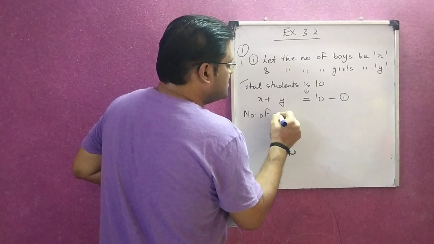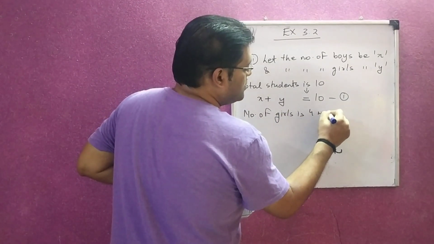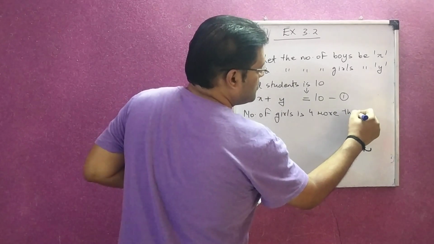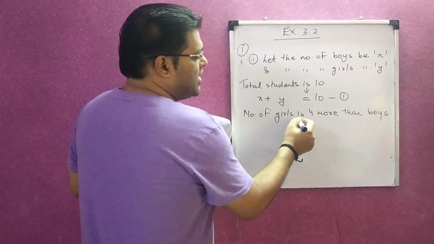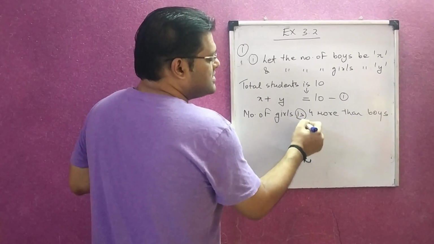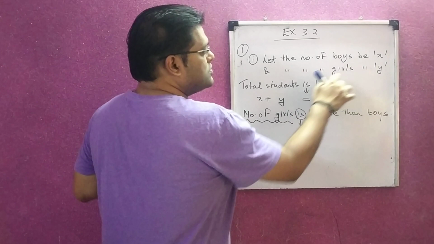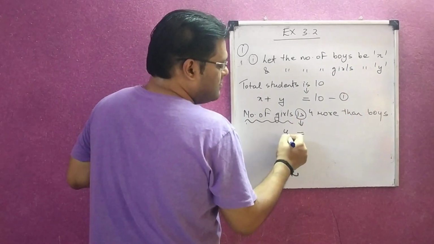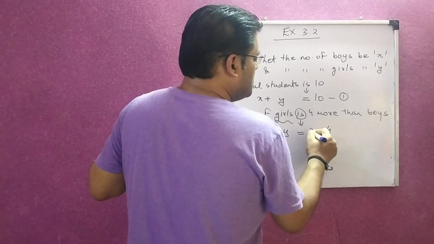After that, the number of girls is 4 more than boys. Once again, wherever you have this word "is", you place an equal to sign. The number of girls we have supposed as y, so here we keep a y. 4 more means plus 4.